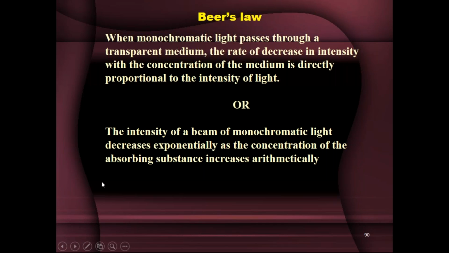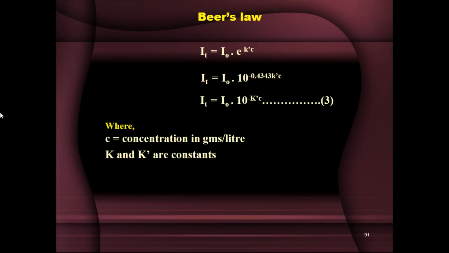So using the first one, we'll again derive the same way as we did for Lambert's law. And ultimately, we'll get IT equals IO into e raised to minus small k dash c, where small k dash is the proportionality constant. In place of k, we are now using a different proportionality constant, k dash.